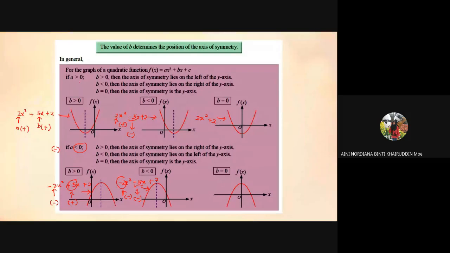For A greater than 0 or A positive number, then dia ada minimum point. Kalau A less than 0 or negative number, kita ada apa? Maximum point. Yes. Maximum. Bagus. Ramai yang nak respon tu maximum point. Maksudnya faham dah tu, bagus.